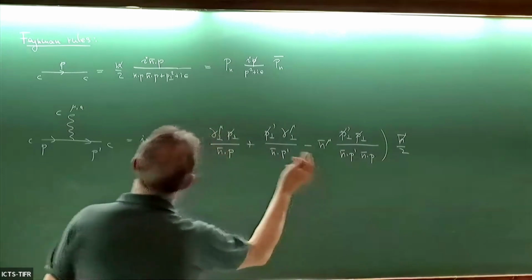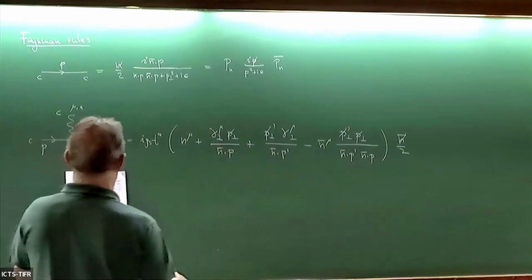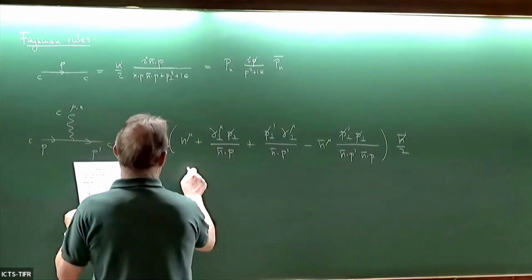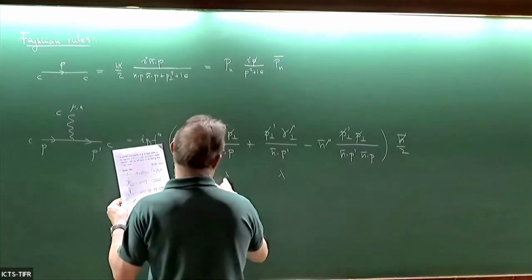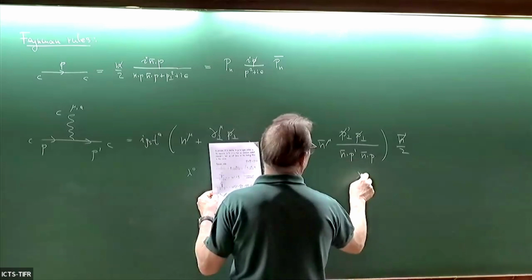So hugely more complicated than in QCD, and moreover, different orders in power counting. Order 1, order lambda, order lambda, order lambda squared.